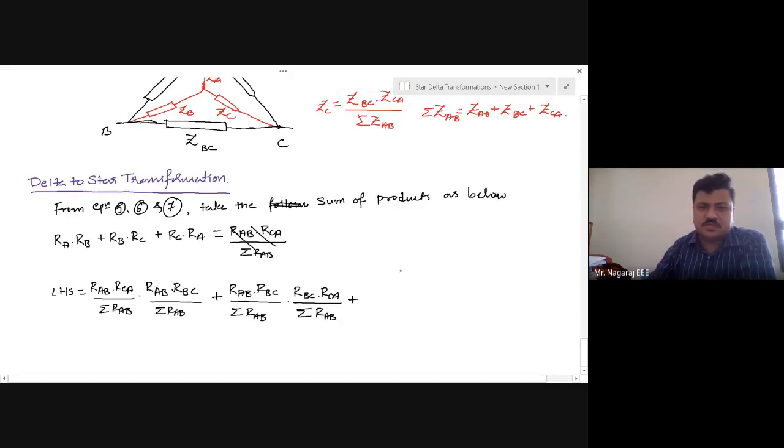Plus the third term, RC into RA: RC is RBC into RCA divided by summation RAB, into RA, which is RAB into RCA divided by summation RAB.